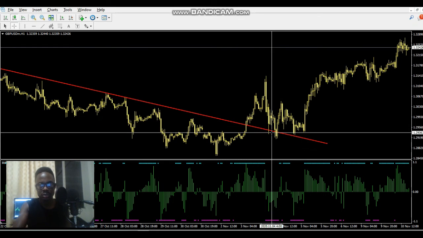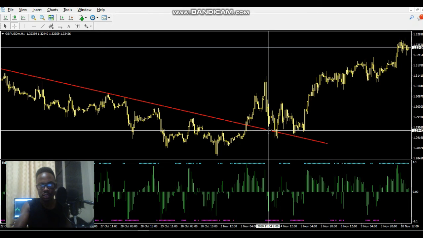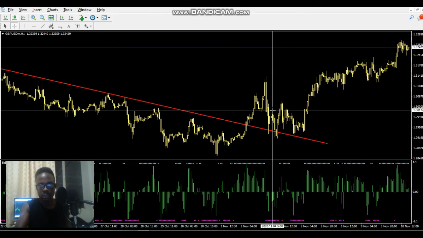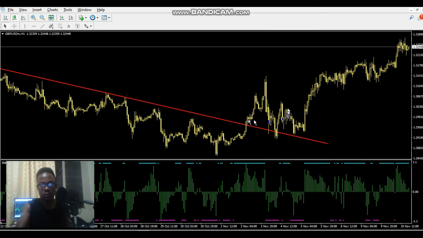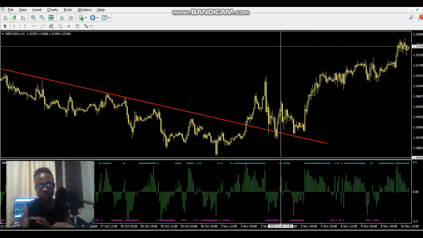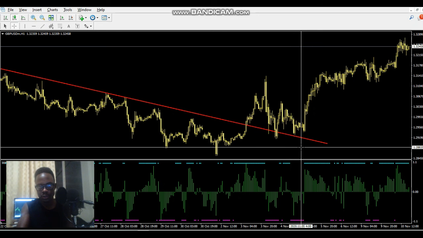So yeah, there is a false break a little, then it went up a little and then came back down, tested that price level again, and then it went up officially. So you can use price action to confirm. Actually, most of the time you must use price action to confirm your entries, guys, when using this system.